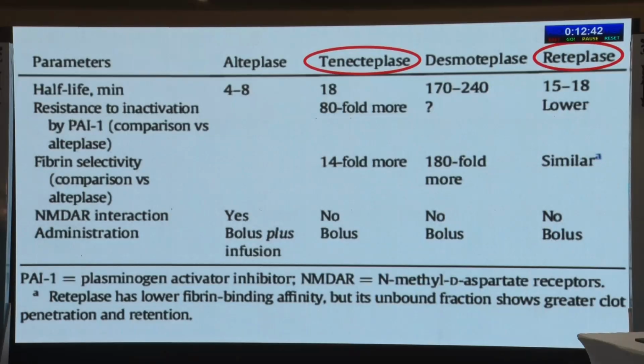So it works almost equally as tenecteplase when it comes to the intraocular use. The only advantage of reteplase that we have over here is the commerce of it. It is cheaper than tenecteplase.